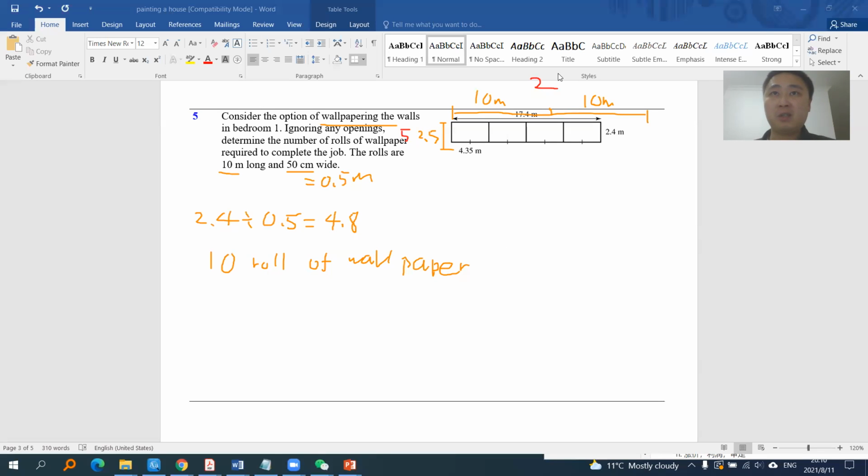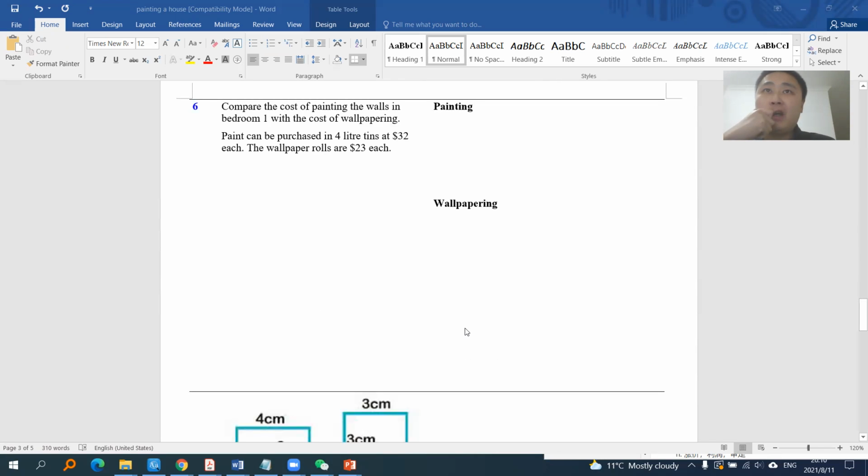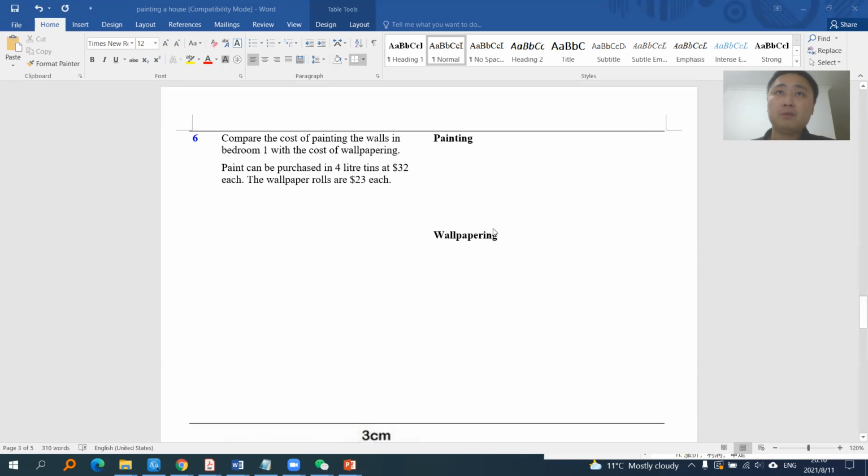And for question 6, which is the last question, compare the cost of the painting and also with a wallpaper. So paint can be purchased at 4 liters per tin at $32, and the wallpaper is $23 each.